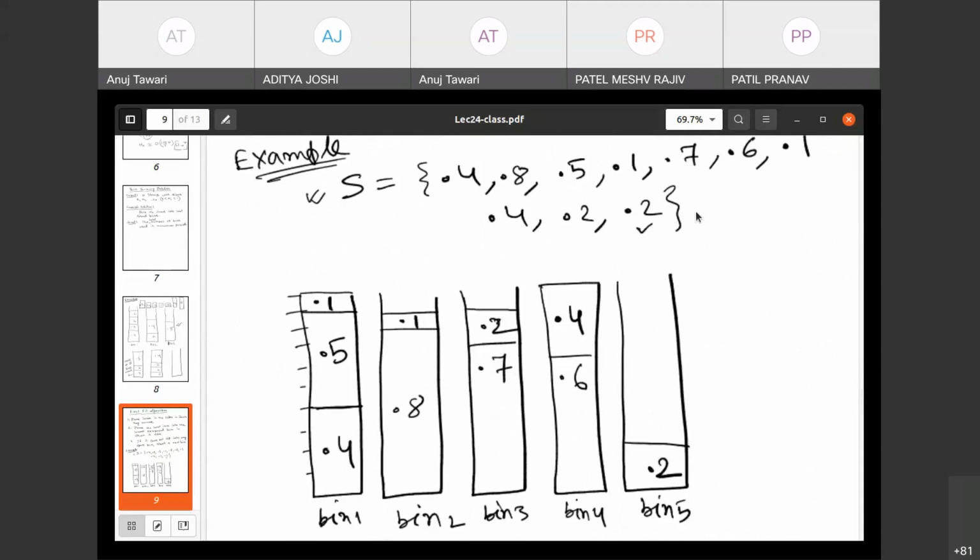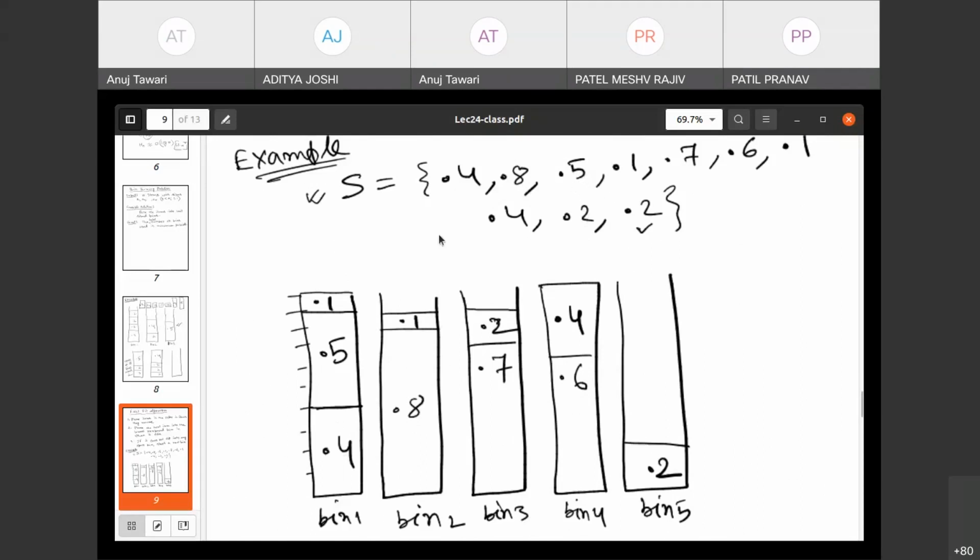So I'll start with the first item. I'll put it in the first bin. Next item is not fitting in this bin, so I'll put it in another bin. Okay, 0.8. Now 0.5, I will look at the lowest numbered bin.